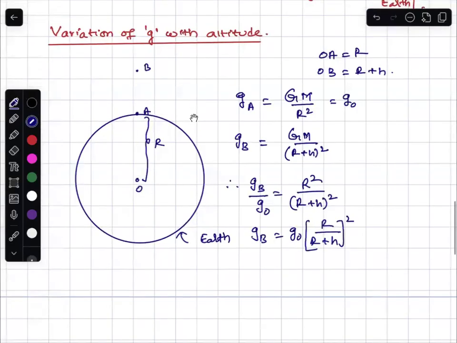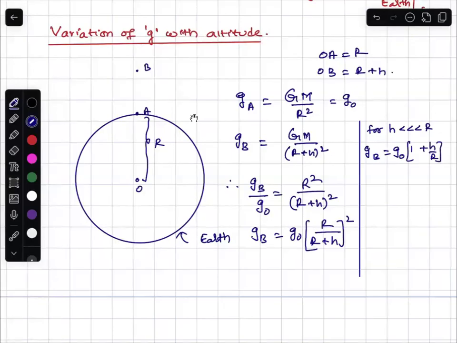See, there is a special case in this. Remember, this is a special case: for H much lesser than R. So therefore, you can write gB is g naught times (1 plus H by R) whole to the power of minus 2.